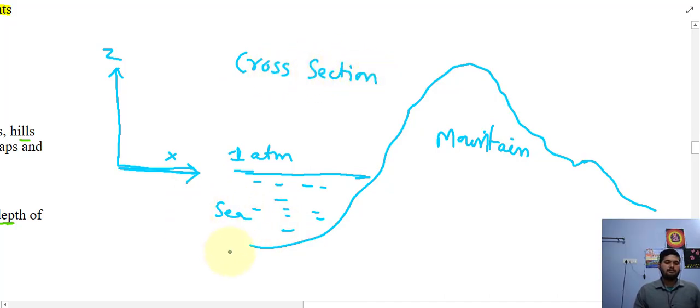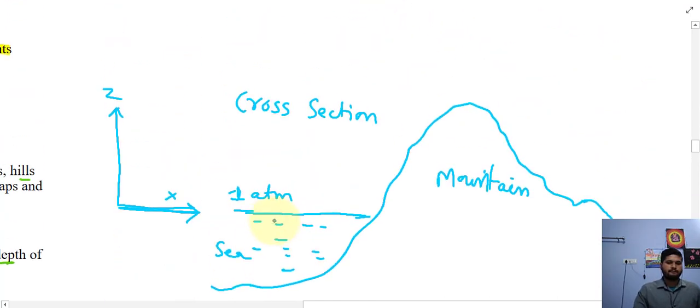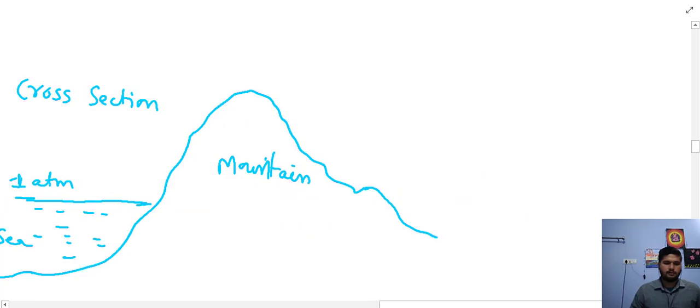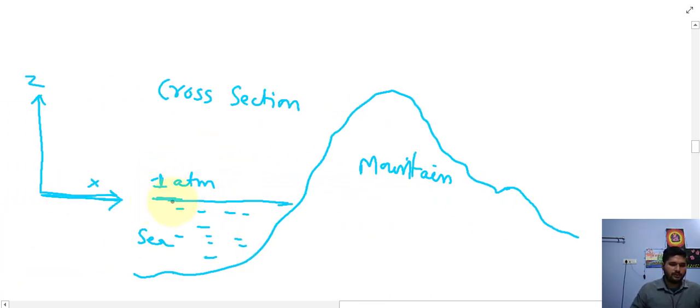So this is the figure of the sea. Now we move on. The top surface of the sea is known as mean sea level. As we move upward, like this is the hill station. You can take an example of Simla, Ladakh. These are all hill stations which are situated on mountains. So these hill stations have some height.